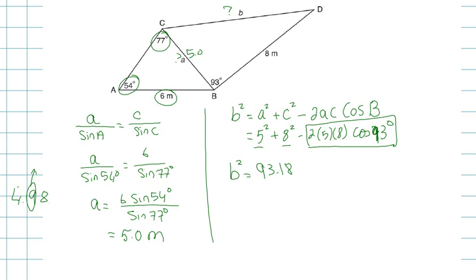2 times 5 times 8 cos 93. The square is 2.